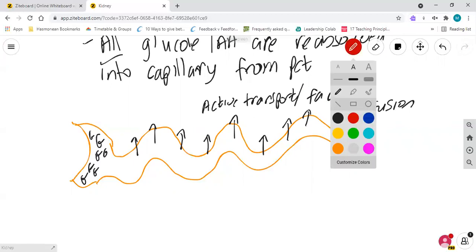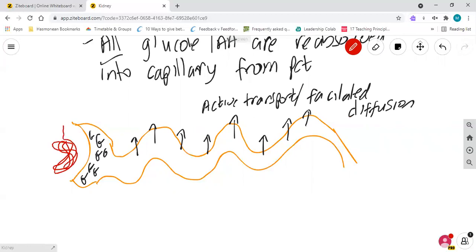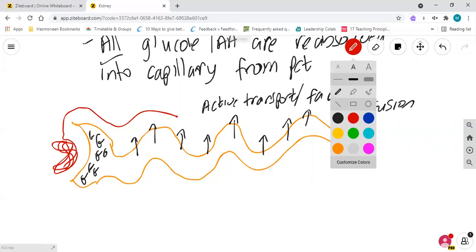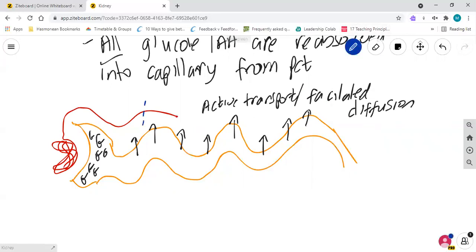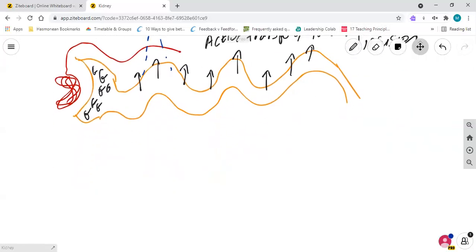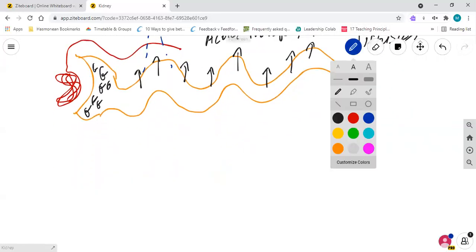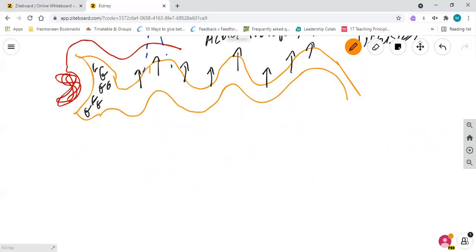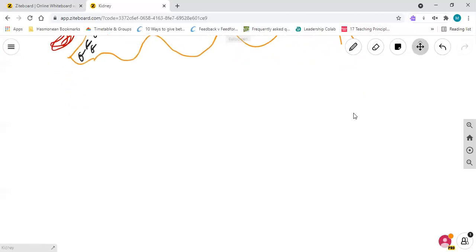So if we've got our glomerulus there, we've got our capillary running around here. Again, we're going to just take a sort of cut through and see what is happening here. So these cells that are in here, these cells are those columnar epithelial cells. So we're going to draw one of those in. It's a good revision of this process.